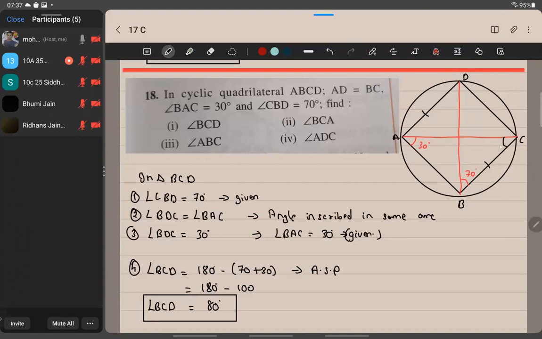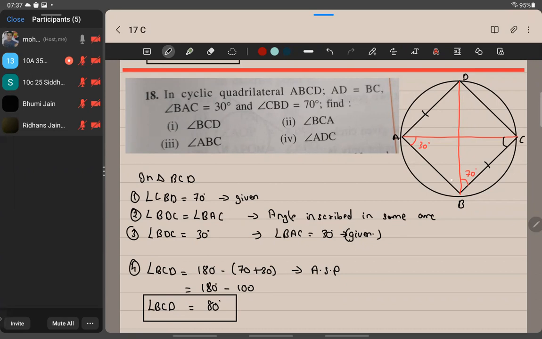This angle. To find this angle, we need this whole angle. Do we have that whole angle?